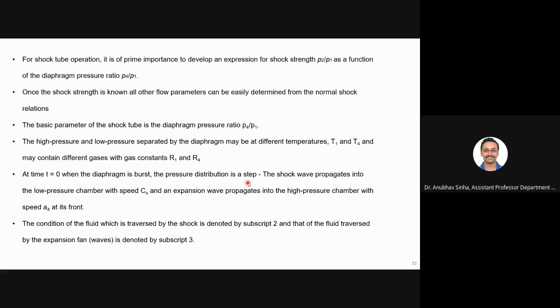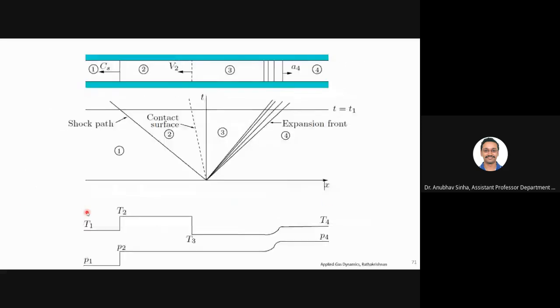The pressure distribution is a step. That's what we have seen in the last slide. The shock wave propagates into the low pressure chamber with speed Cs, and the expansion wave propagates into the high pressure chamber with speed A4. That is what is shown here.